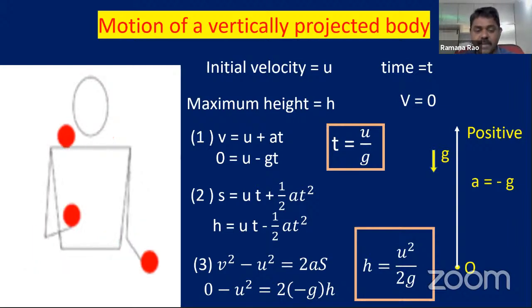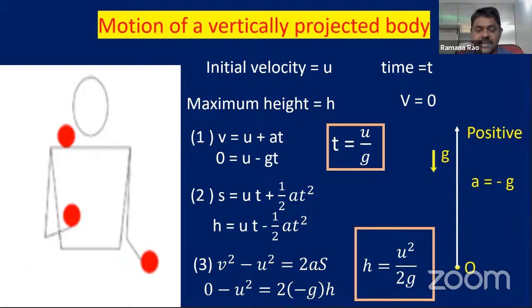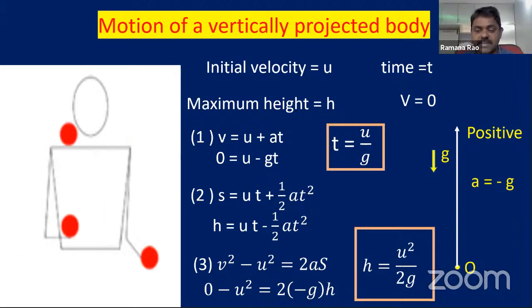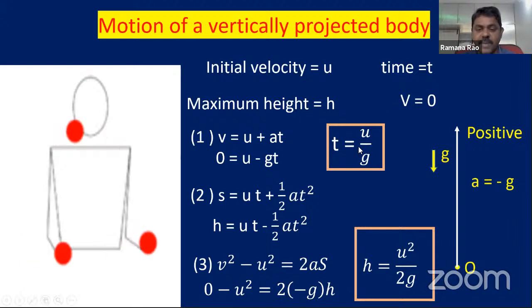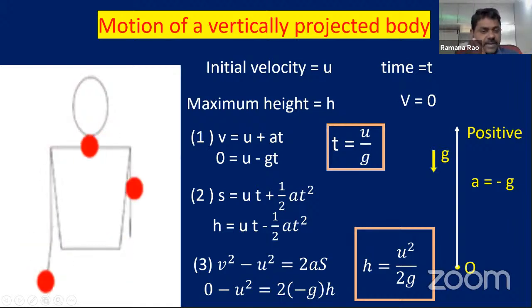While solving problems, you can directly use that the maximum height reached by a vertically projected body is u square by 2g. You can see it in the box. So the time of ascent is u by g and the maximum height reached is u square by 2g. These are very important equations of motion for a vertically projected body.